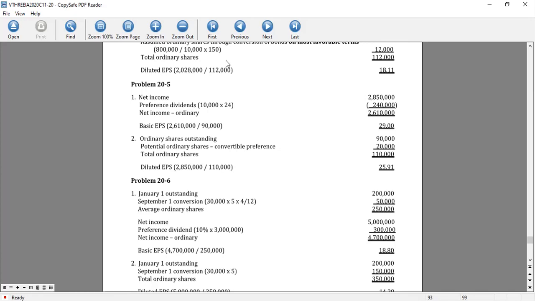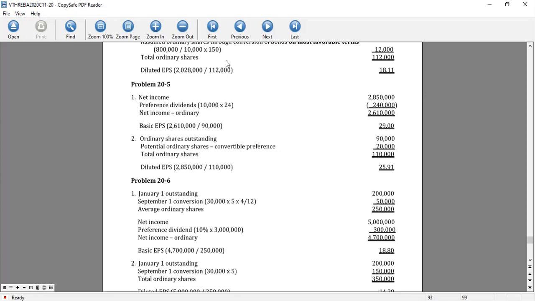So to net income, we add back preference dividend of 300,000. Then we have net income of 4,700,000. Then for basic EPS, we have 4,700,000 divided by 250,000 shares.